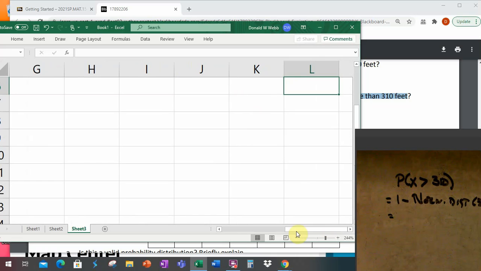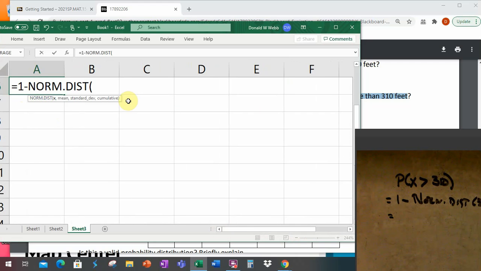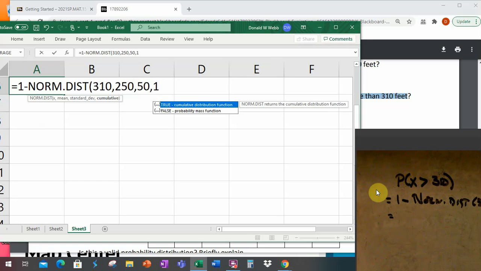Then this would look like equals 1 minus the norm.dist, the x is the 310, the mean is 250, 50, and we always accumulate.